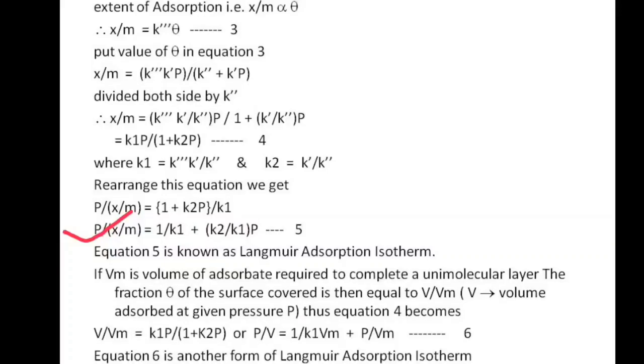This equation is known as the Langmuir adsorption isotherm, which is also written like this as equation number 6, another form of the Langmuir adsorption isotherm. Here the difference is that instead of x by m, v upon vm is taken as adsorption.